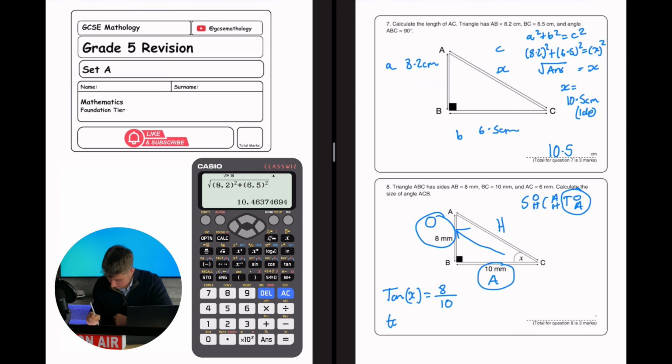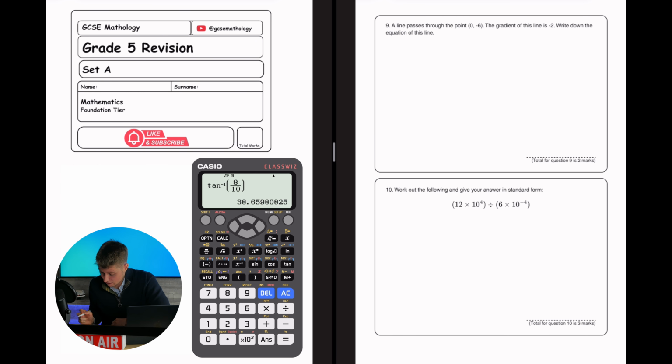So tan to the minus 1 of the fraction, and this is equal to x. So on the calculator, we do this by pressing shift, then the trigonometric function to bring up this inverse function, and then 8 over 10. So this is equal to 38.66. So to the nearest degree, the final answer is 39 degrees.